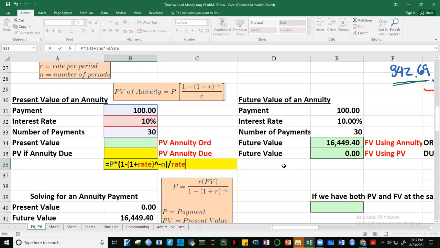Kasi ginawa na natin kanina to eh. Did you get 942.69?